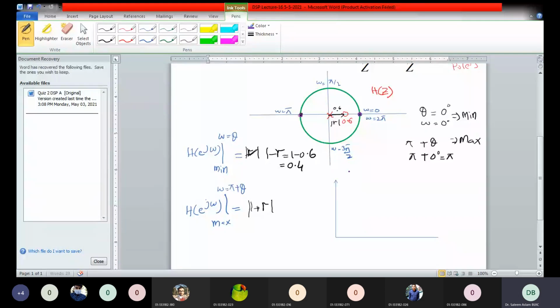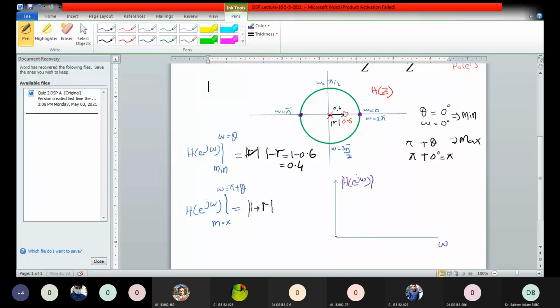So next we need to plot H(e^jω). Although we are not given the DTFT, but just H(z), by looking at H(z) we can plot H(e^jω) versus omega. So now we have only two point values.